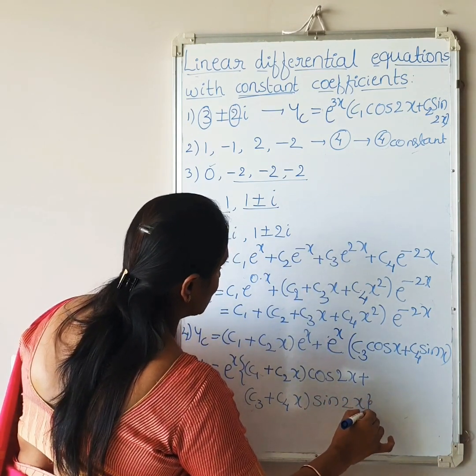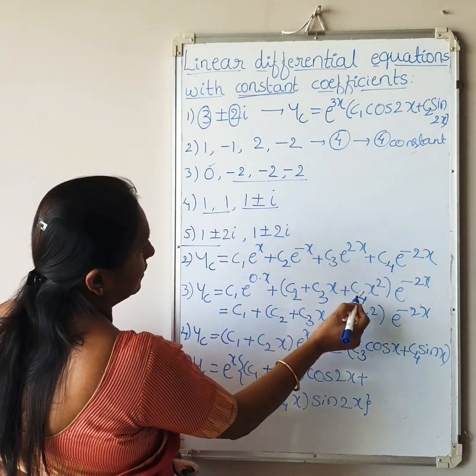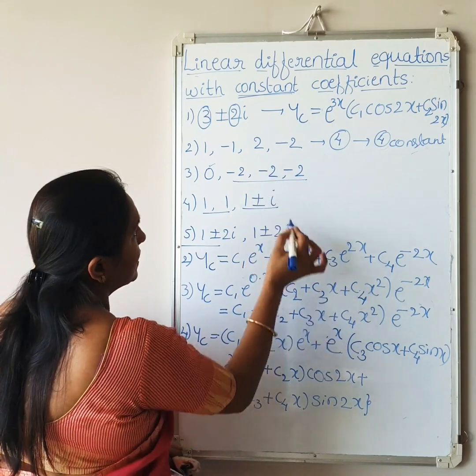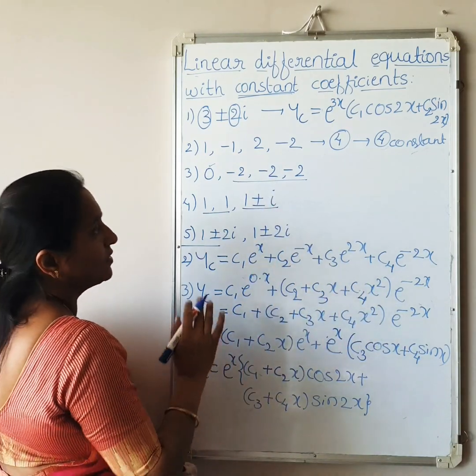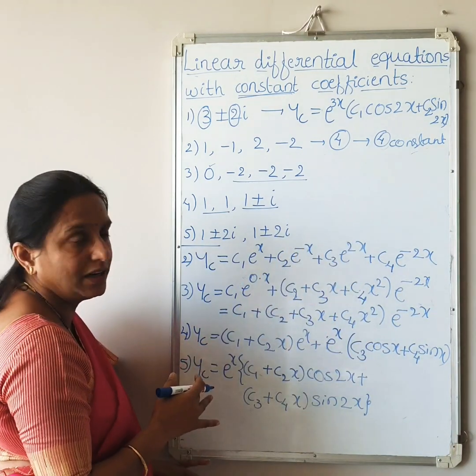This is the solution. Suppose here it was c2 plus c3x plus c4x square, and again one more root is there, then c5 x cube will come like that.